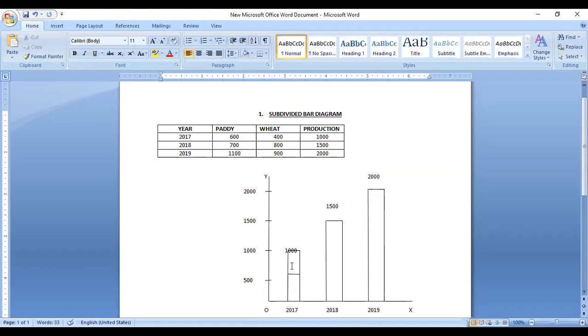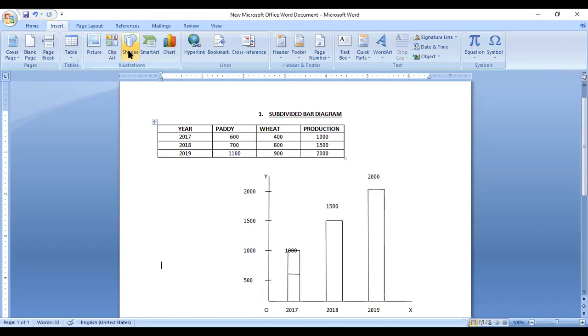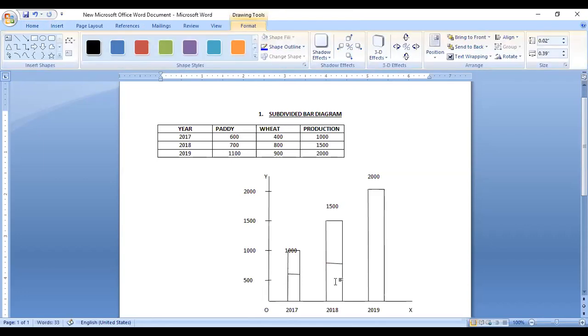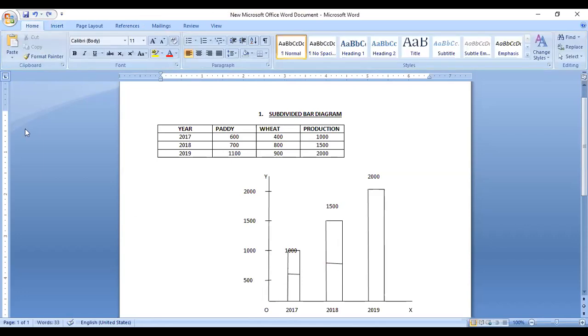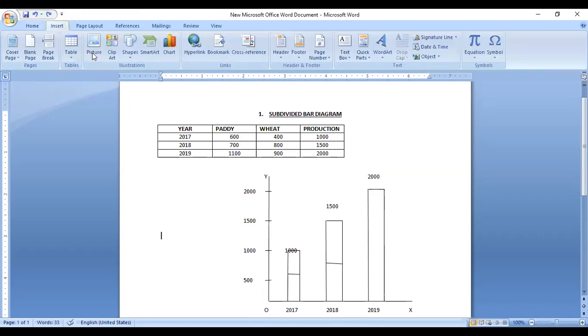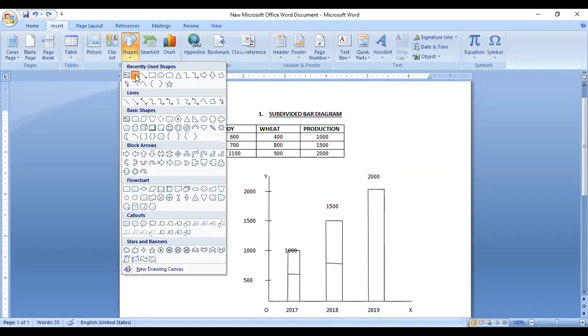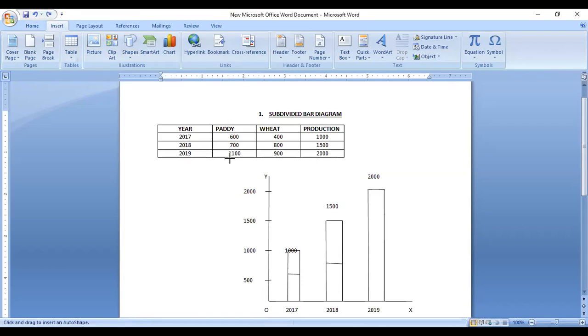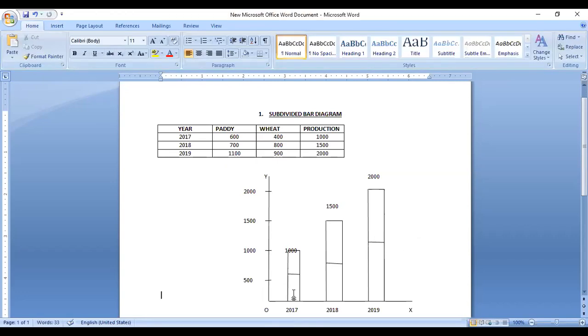This is paddy and this is wheat. Now, in the year 2018, 700 tons of paddy is produced. 700 I am marking. This is paddy and this is wheat. Next again, in the last year we have 2019 paddy 1100. So more than 1000 I am taking. So this is 1100.